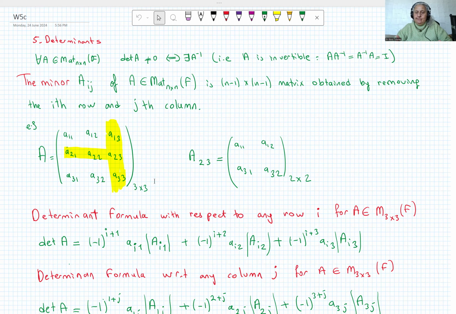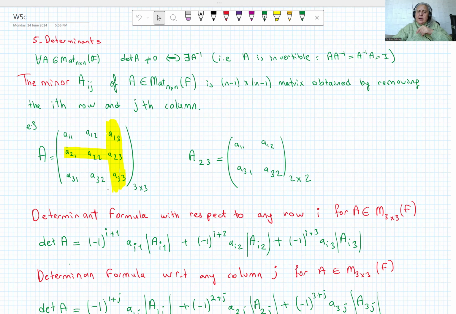So that's the idea. Now, before giving a general definition of the determinant, we need to understand what a minor of a given n by n matrix means. If the matrix is n by n, then you obtain an n minus 1 by n minus 1 matrix by removing the ith row and jth column.